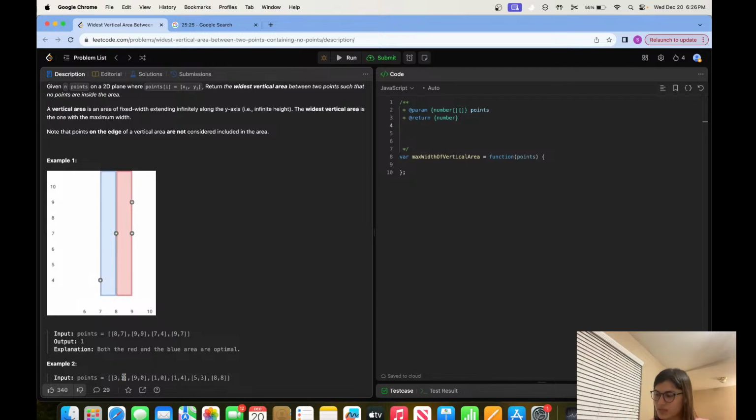I mean, it doesn't matter where the point is on the y-axis, right? It doesn't matter because points on the edge of the vertical area are not considered. So what matters is only the points on the x-axis. Even if it was 3, 1, or 3, 2, it is the same vertical line. That point falls on the same vertical line, right?